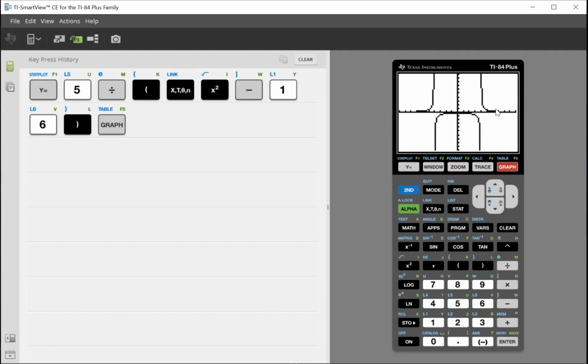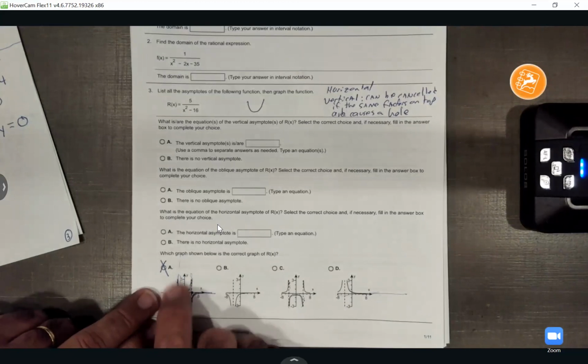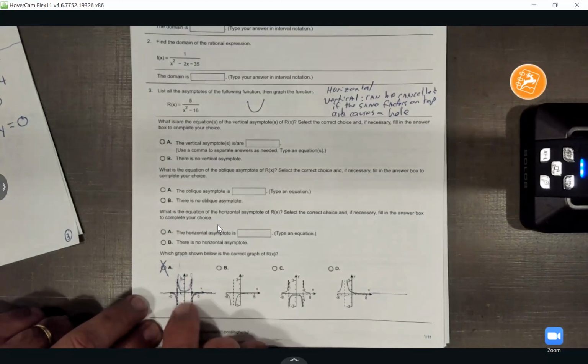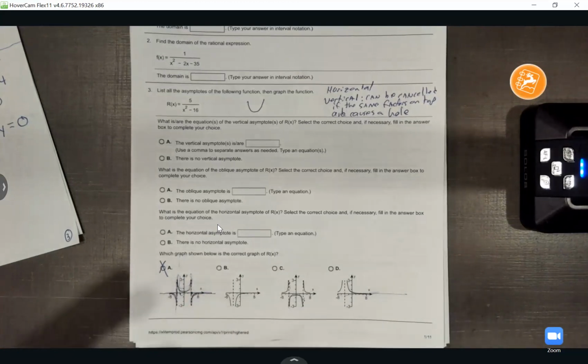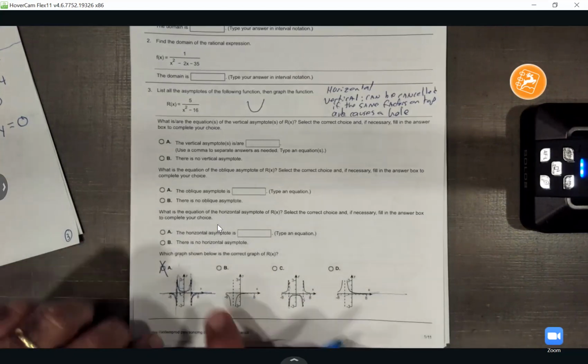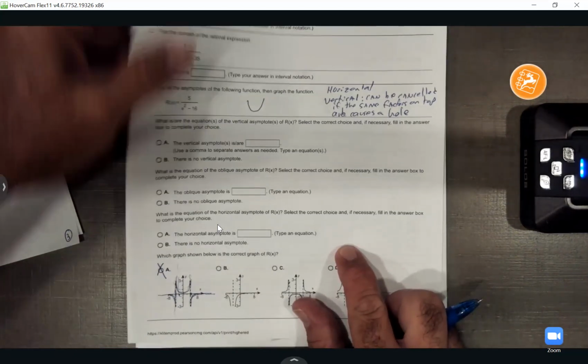So knowing that, look at that picture, and you would pick one of these 4. If you notice, A is the only one that had the U on the 2 sides. So that's the trick on those. Just graph it on the calculator, pick one of these 4 pictures and be done with those.